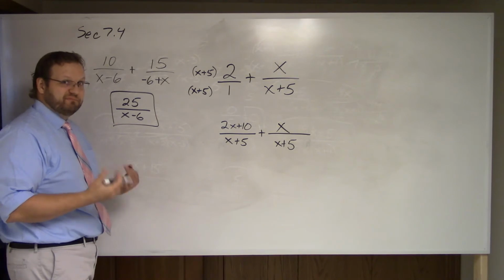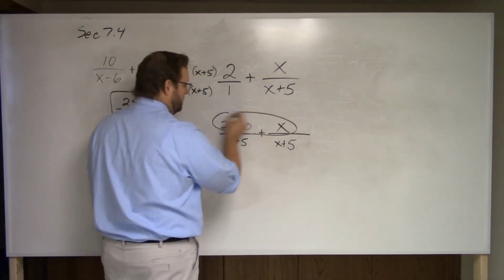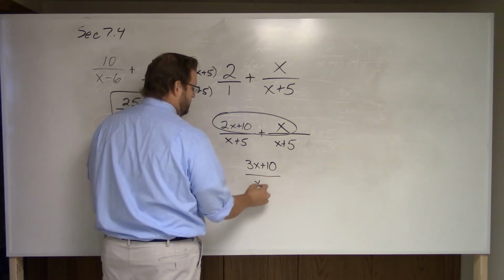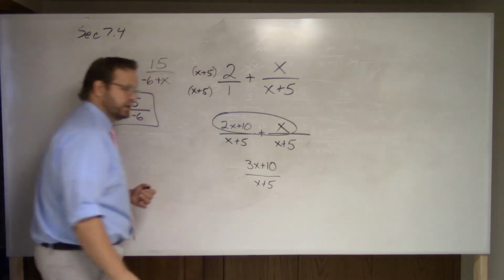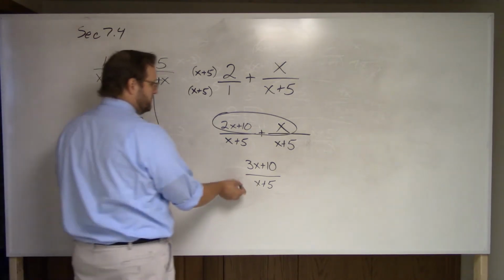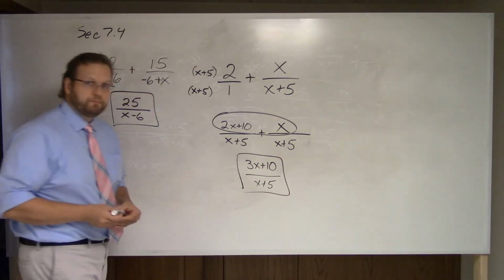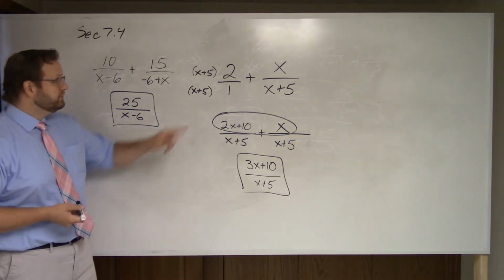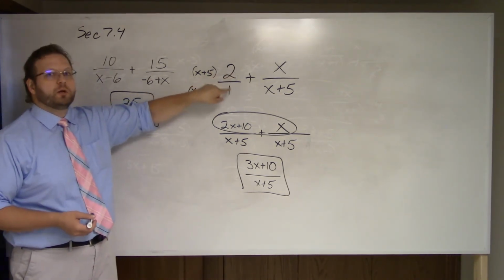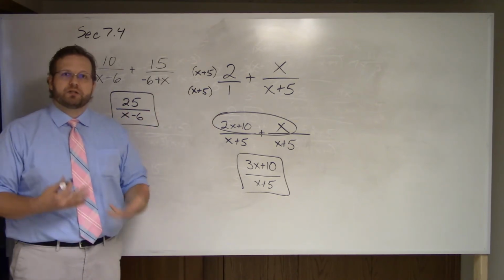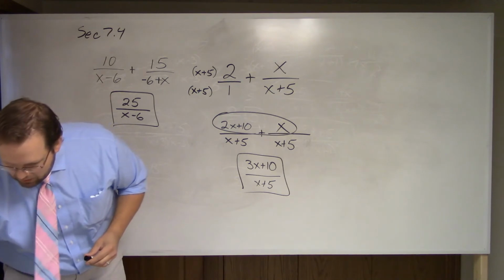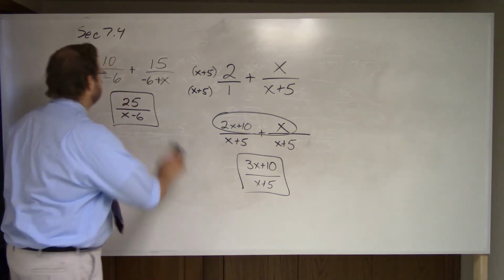And after that, combine like terms. 3x plus 10, over x plus 5. There's nothing to factor, nothing to reduce. We're good to go. The key to this problem is introducing that fraction on something like that. Even if this is a polynomial, put a 1 under it so you have that fraction to work with throughout all the terms. How about this one?